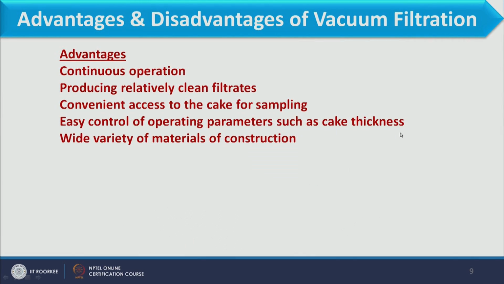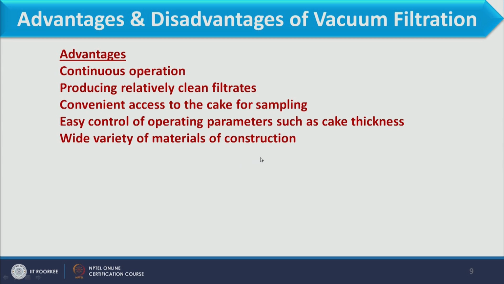So if we have to take a sample of the cake, we can take it very easily. Easy control of operating parameters such as cake thickness, because we do not allow cake to form over the filter media for longer duration, therefore it is continuously removed, so the operation becomes easier in this case.